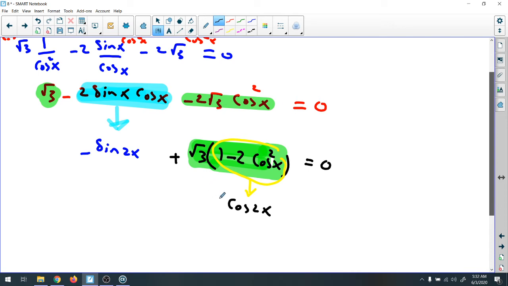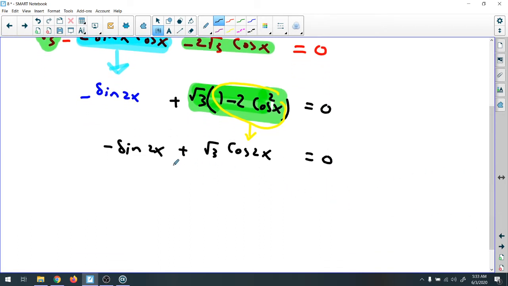And we still have square root of 3 waiting outside. Now we need to separate those terms. So if we add sine 2x to both sides, we could separate sine 2x. Sine 2x equals square root of 3 cosine 2x.